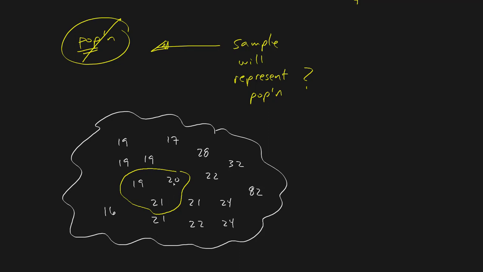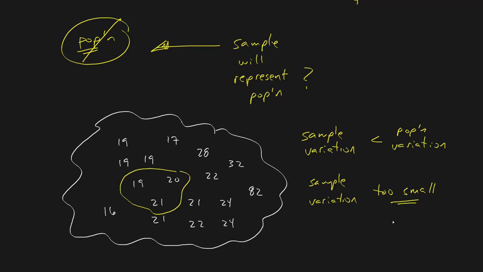Now, your sample doesn't include all of these extremes, and so the sample variation is smaller than the population variation. Or more simply put, sample variation is too small. It's too small because it's difficult for a small sample to include as much variation as you would find in a larger population. So what can we do about that?